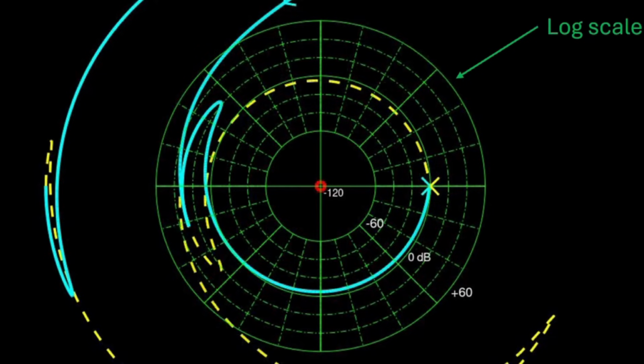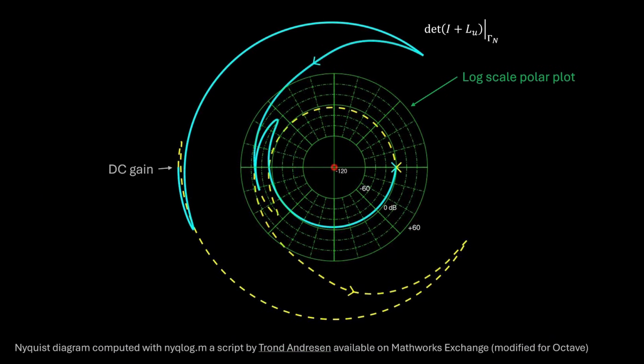The 0 decibel line is also shown, which converts to a magnitude of 1. The low frequency part of the plot has the greatest radius away from the critical point. The direct current, or DC gain, is when 0 frequency is input. It's a real number where the diagram intersects the real axis on the left.